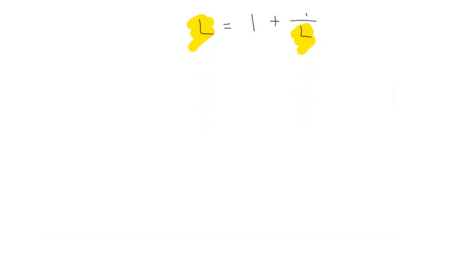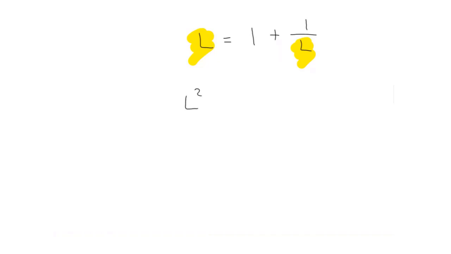We can solve this, and actually it's quite interesting, it's quite a nice quadratic. So first thing you're going to do when you get the thing you don't like on the bottom, you multiply through by it. So we multiply through by L, that would say L squared equals L plus 1. Standard quadratic, make it equal 0, try and use the null factor law. L squared minus L minus 1 equals 0. Look at it, see if it would factorize. It definitely wouldn't. So at that point, we'll probably use the formula.